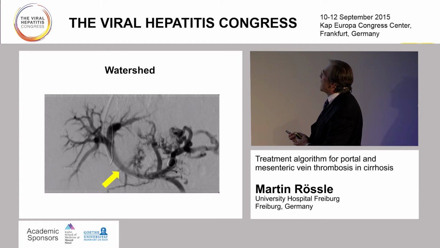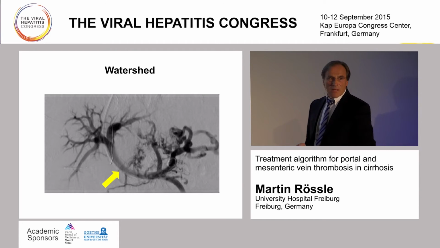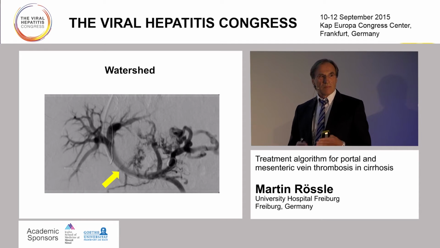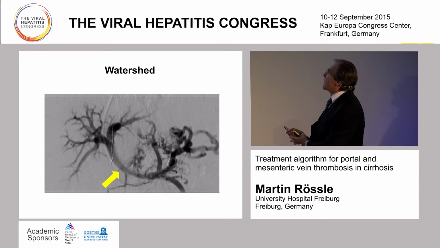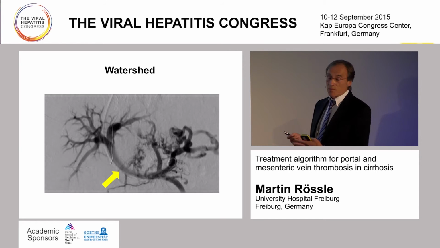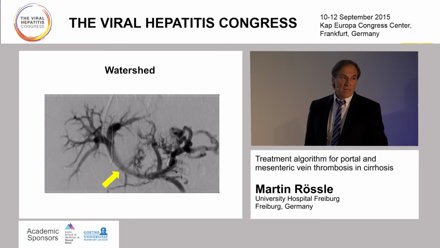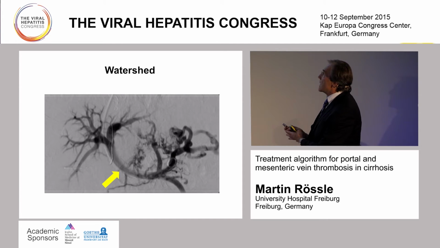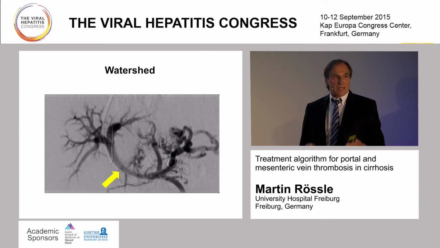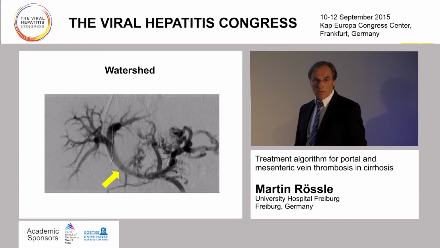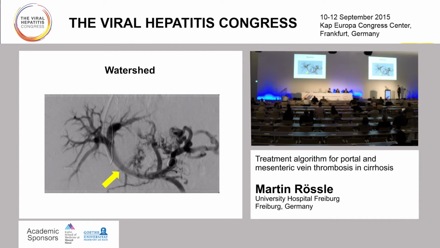So you have a kind of watershed at this situation here, and the watershed always produces some turbulent flows, and this may be a reason why the patient has a high risk of portal vein thrombosis at the location of the watershed. And this is independent of the stasis. That is a completely different mechanism, but it may be also important to get a portal vein thrombosis.